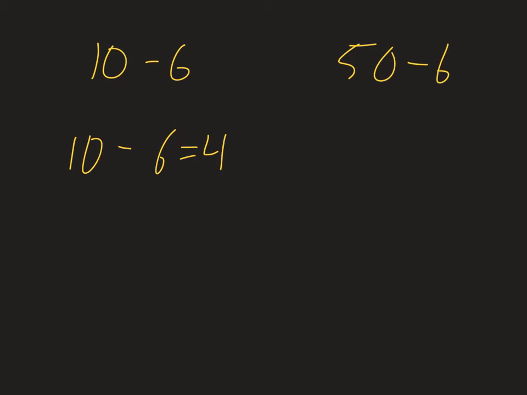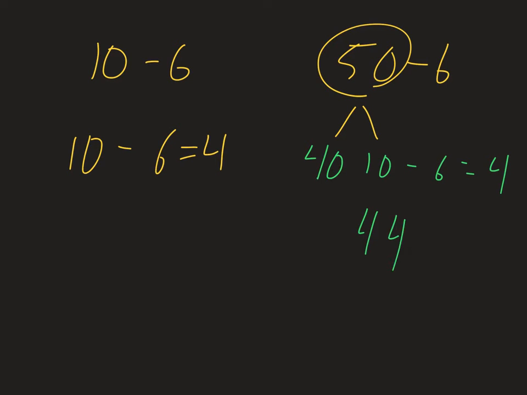Okay, well, it's the same thing here. If we number bond 50, like we've been doing, into 40 and 10, well, 10 minus 6 equals 4. And what we're left with is 40 and 4, which gives us 44.